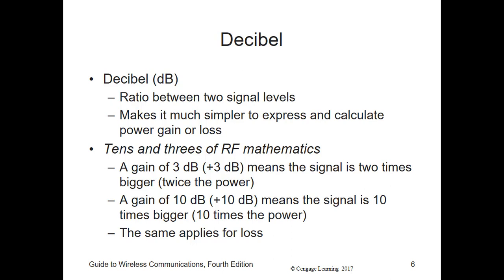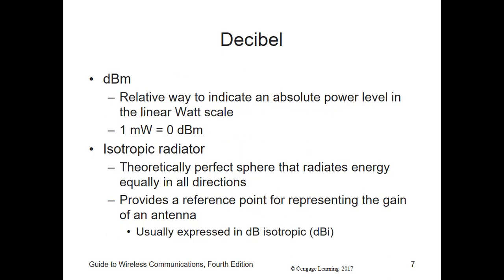Now these rules are known as the tens and threes of RF mathematics. So as you'll see, you can easily and quickly calculate the gain or loss with a reasonable amount of accuracy without having to use a calculator, just by following these simple rules.